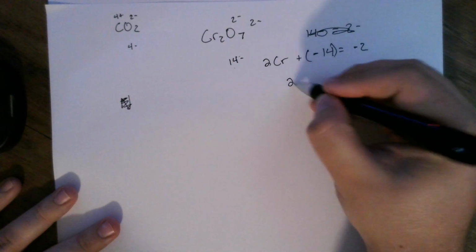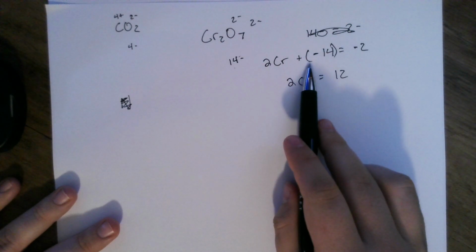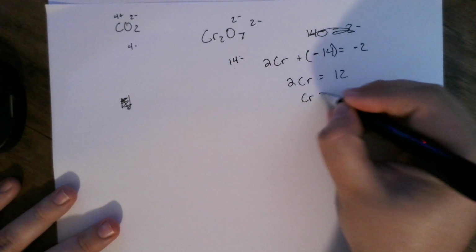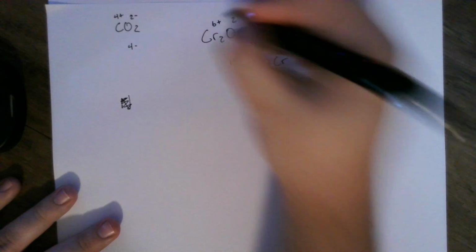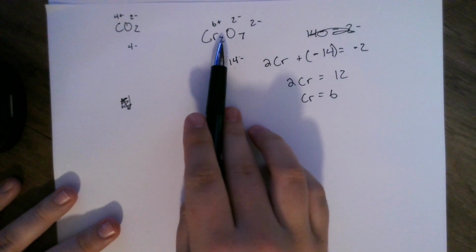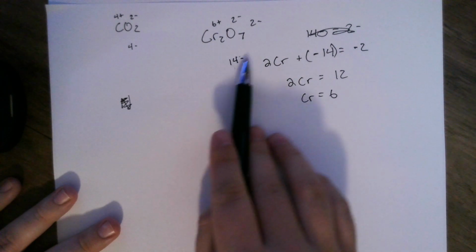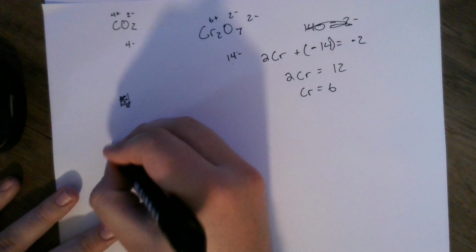Okay, well, I have 2 of them. They need to equal 12, if I add 14 over here. To balance this out, divide by 2. Each chromium has to be 6. So if this chromium is 6 plus, and there's 2 of them, that's 12 plus total. This is 14 minus. Add those together, it equals minus 2. Everything cancels out. So it's kind of like solving a math puzzle.